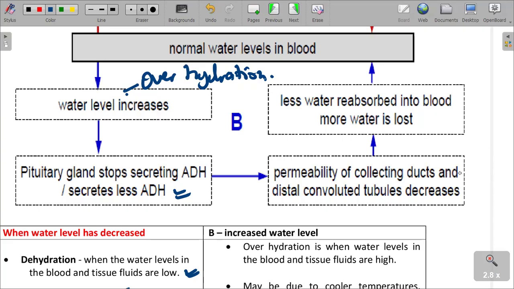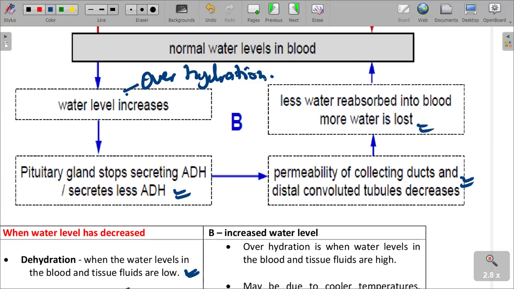So when does that decrease? It decreases when water level is high. So therefore, we don't need more. So less water is reabsorbed into the blood, more water is lost in that case.